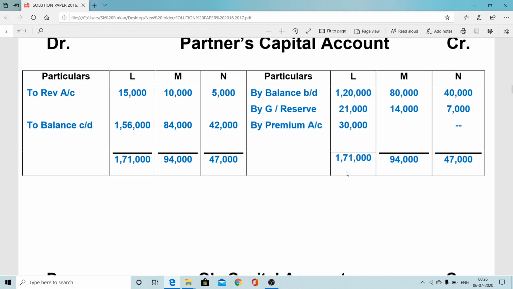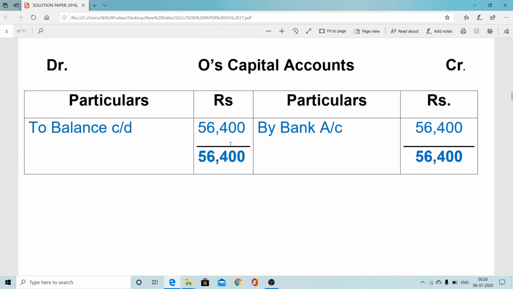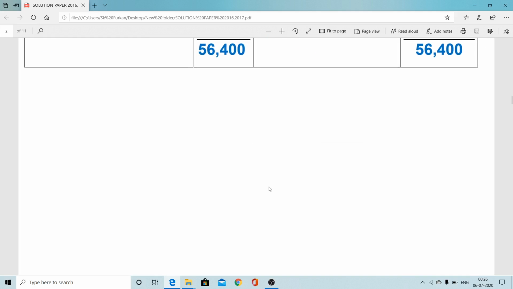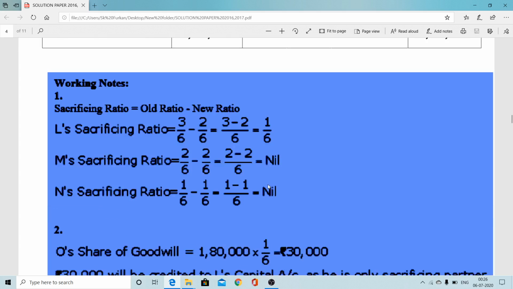Credit of L 1,71,000 minus 15,000 is 1,56,000, M exactly 84,000, N 42,000. That is their present balance. Now we can find the incoming partner's proportionate capital, that is O's capital. How did it come to 56,400? We'll check the working here.